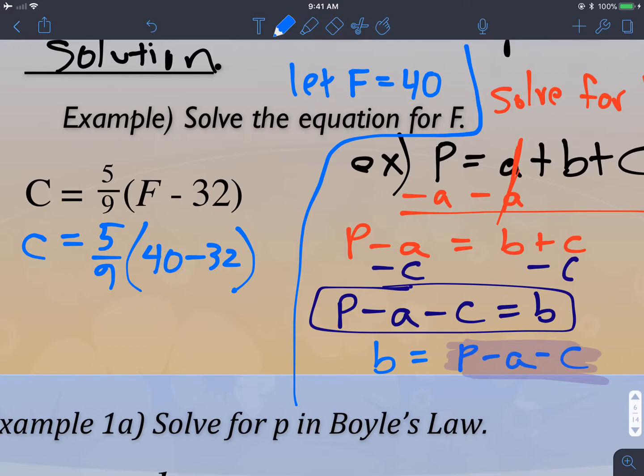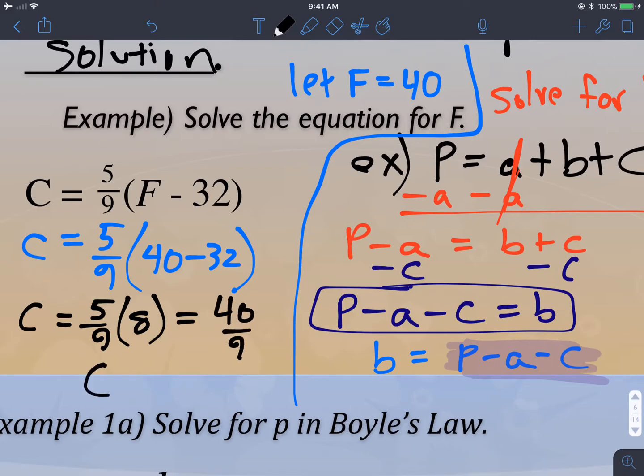All right, then do your same algebra. 40 minus 32 is going to be 8. 5 times 8 is 40, and then divided by 9. I think you can leave it as a fraction in this particular section.